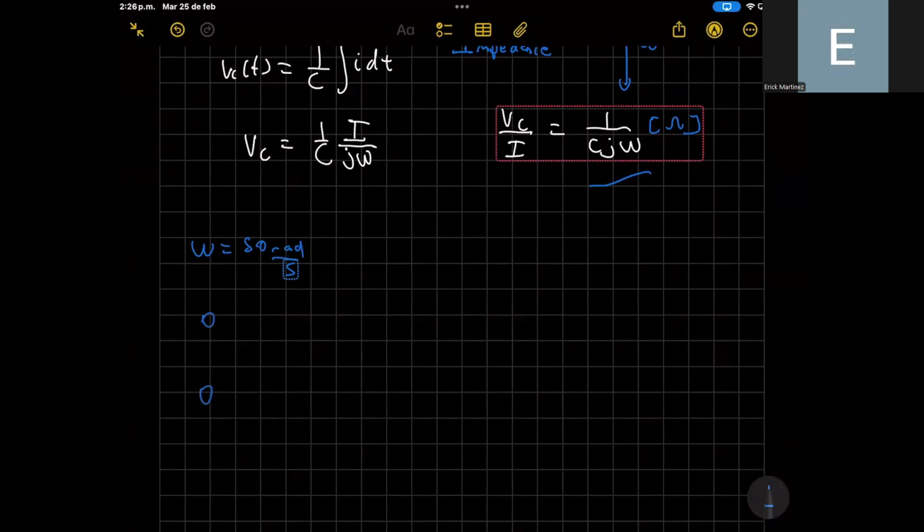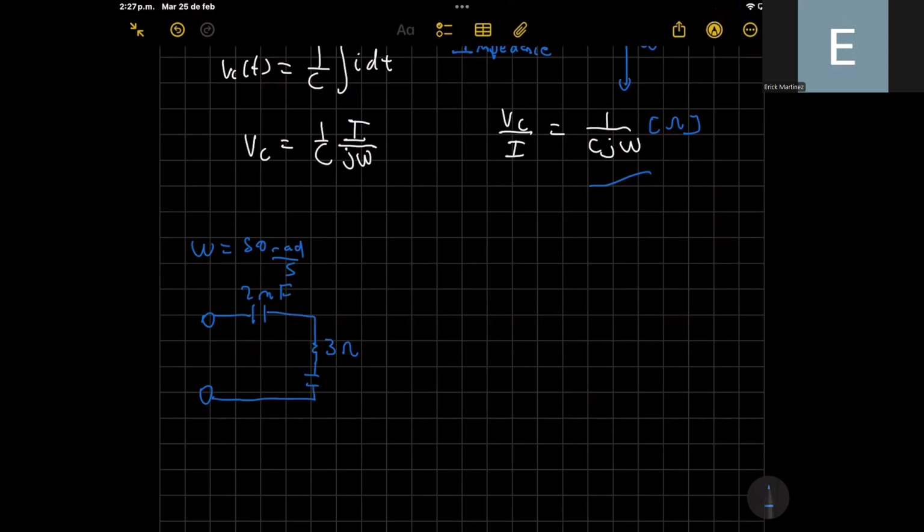We have here a capacitor of 2 millifarads. Then we have a resistance of 3 ohms, and in series a capacitor of 10 millifarads, and then an inductor of 0.2 henries, and then a resistance of 8 ohms.